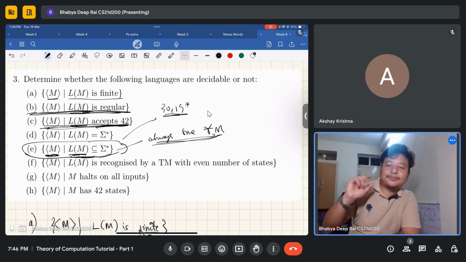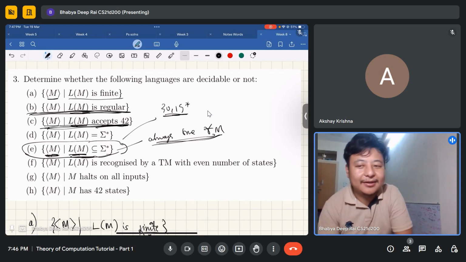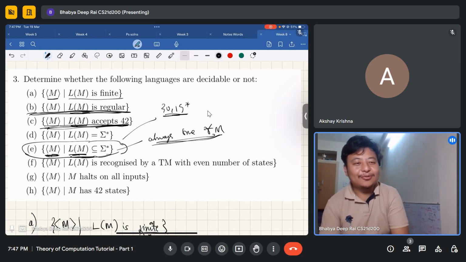Given any machine, am I always guaranteed that it accepts 42? Or can you give me an example of a machine that does not accept 42?